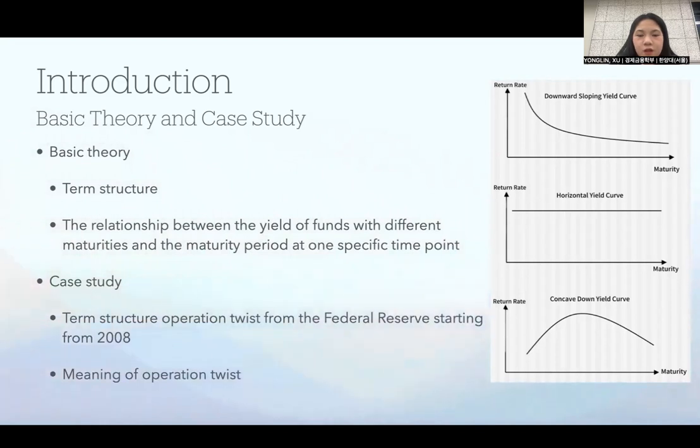Looking from the perspective of the yield curve, this kind of operation is equivalent to bending the far end of the curve downwards. So this is why operation twist was named.